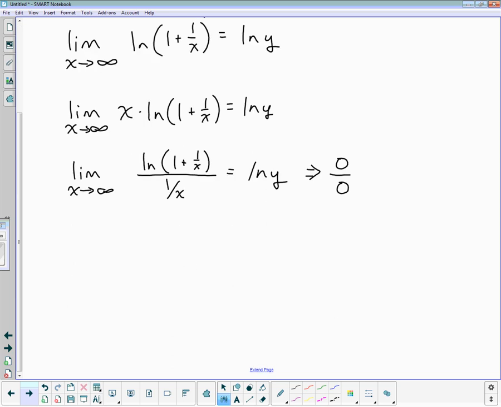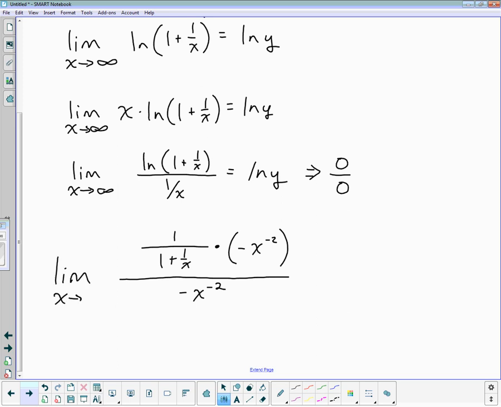So we take the derivative of the numerator, we take the derivative of the denominator, and we wind up with 1 over 1 plus 1 over x times the derivative of the interior, right? All over, okay?